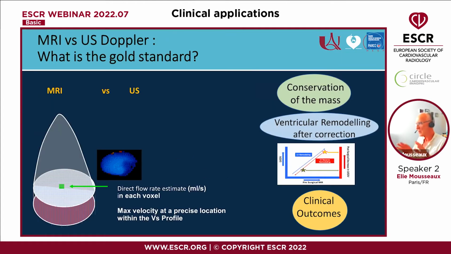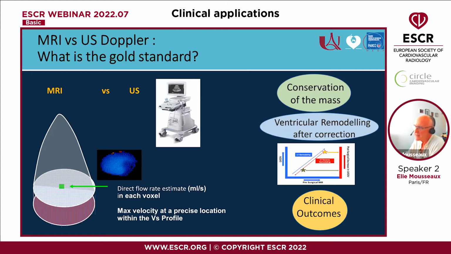Another point, because I will discuss the place of MRI: MRI has to compete with echo. So it's very important to make clear what exactly the difference is between the two techniques. Of course, velocity can be estimated, and ultrasound is a reference technique for estimating the maximal velocity.